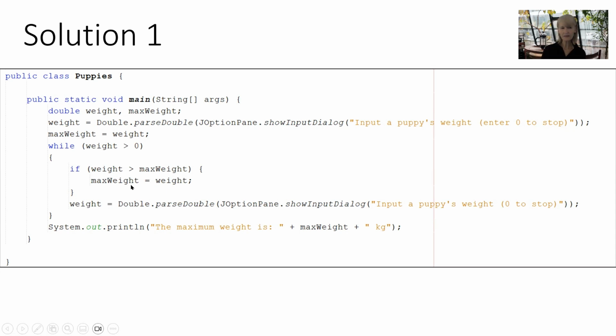If the weight is greater than the maximum weight, max weight equals weight. And then we input the weight again. When the loop ends after the second curly bracket, we print the maximum weight. Okay, that's that solution. You can go and look at that in your own time. And I hope you get your program to run.